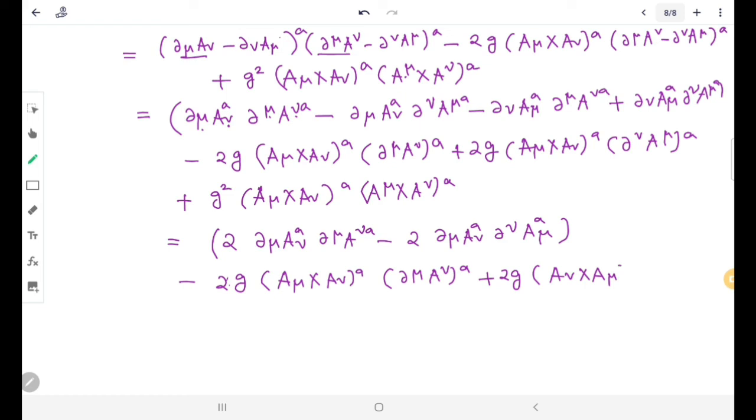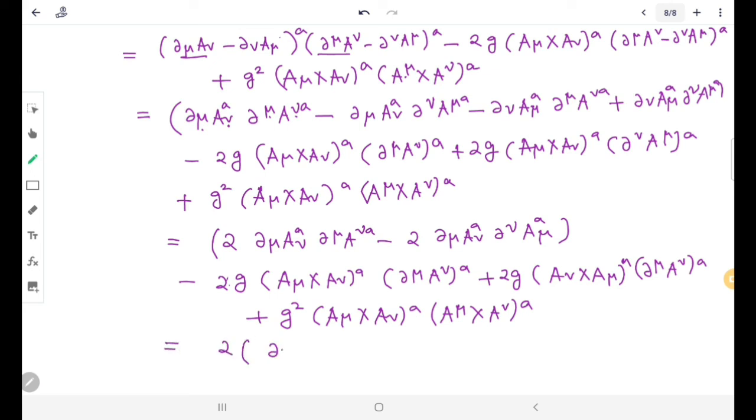So a nu and a mu, A, and then we have partial mu and A nu of A. What we did, we just changed the a mu by nu and nu by mu, and this will be same. So g square A mu cross A nu and A mu cross A nu of A. So this will be 2 partial mu A nu A, and then partial mu and A nu A, and then here we have partial mu and A nu and A, partial nu and A mu and A.